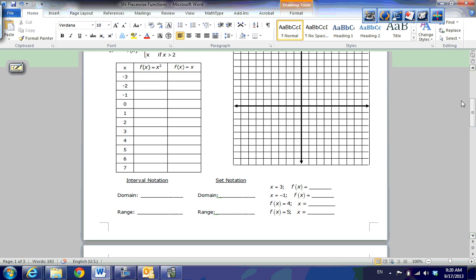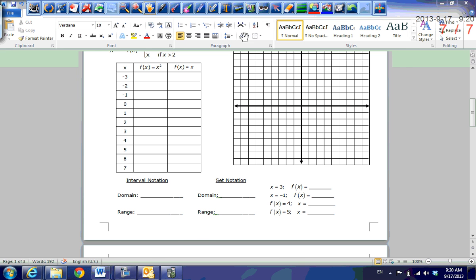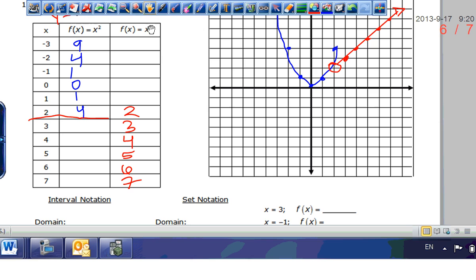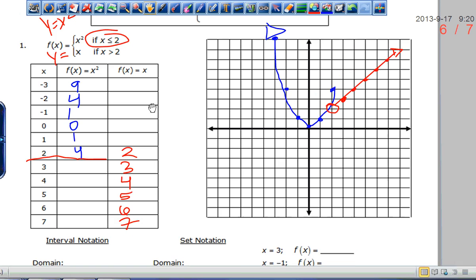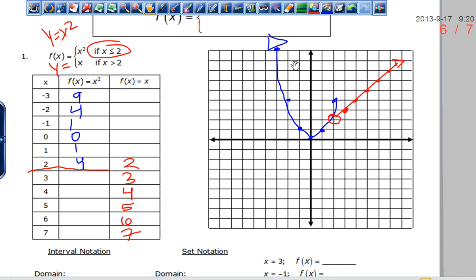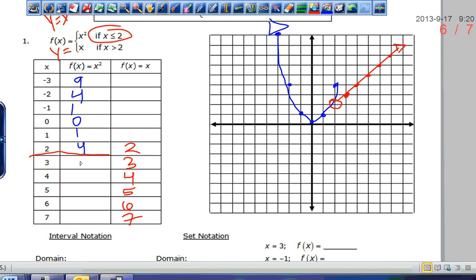Okay. Let's go ahead and do the domain and range for this. It'll go quickly, I promise. I'll go back so we can see the picture still. My domain in interval notation. Do I ever have a smallest value to the left? No. So that's negative infinity. What about going to the right?